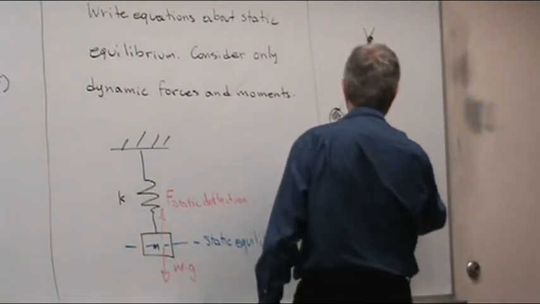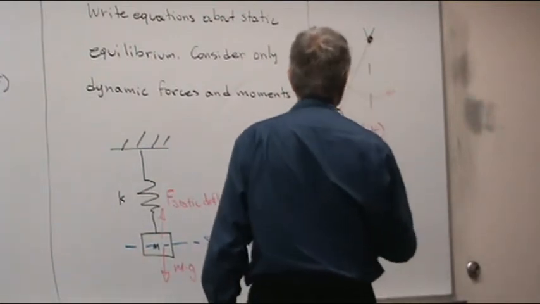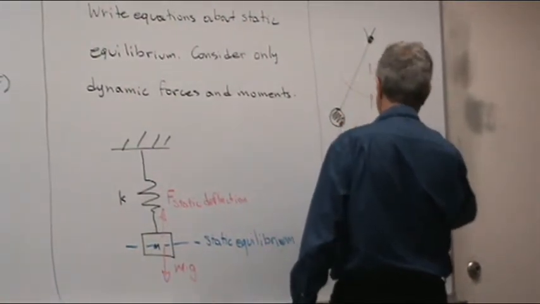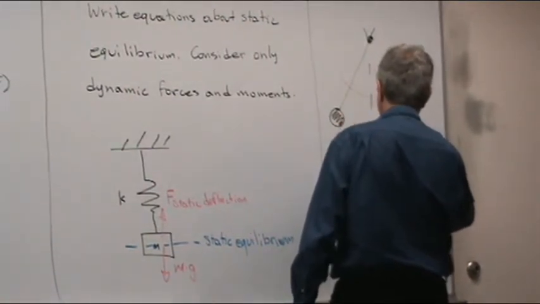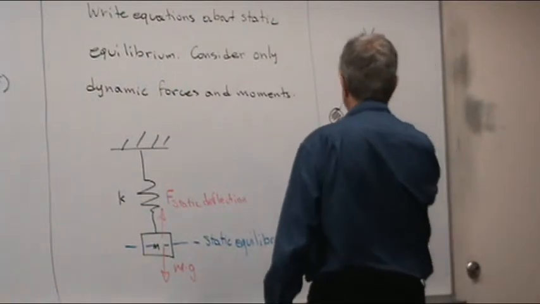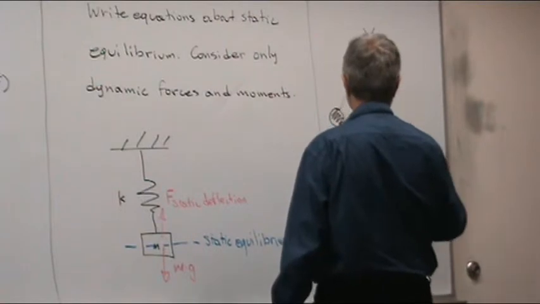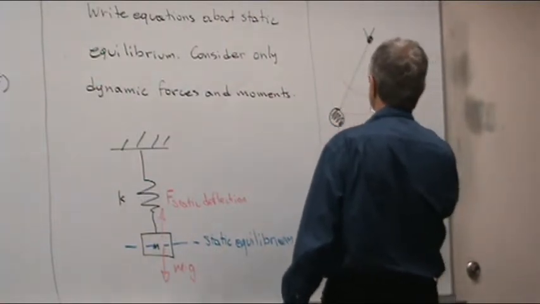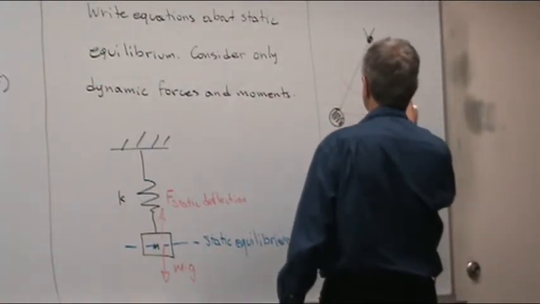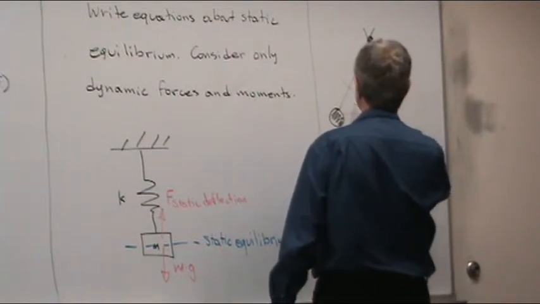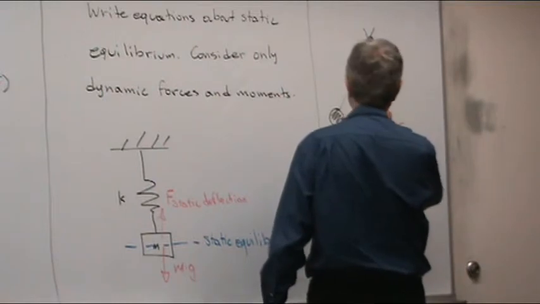So you have this moment m of t, which is equal to the force of the weight, F, times this distance here, which changes with time. So this can be, let's say, y of t.